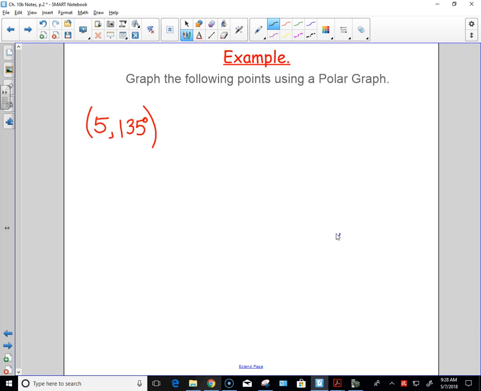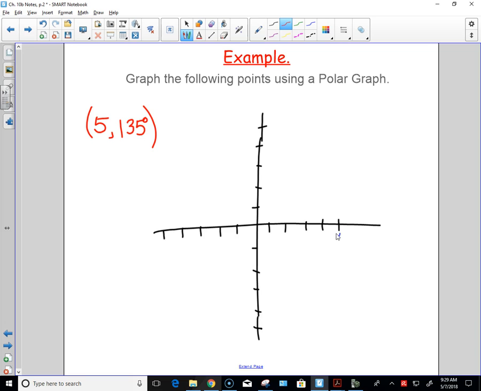Ready? Draw your x, y, north, south, east, west. Put 5 tick marks in every direction. Why in every direction? Because you never know which way you're going to go. You're traveling on circles. Now, question, for this one point, do I need all the circles?